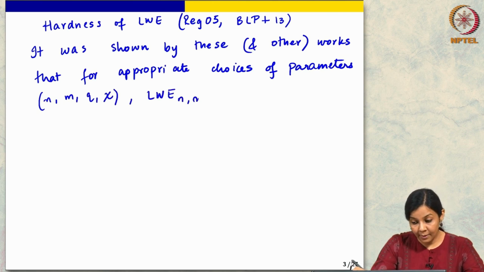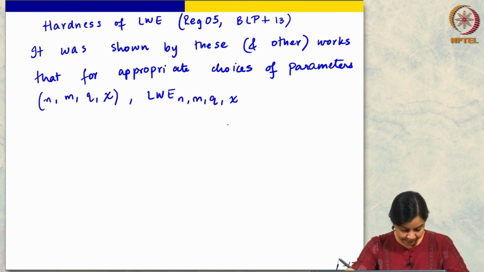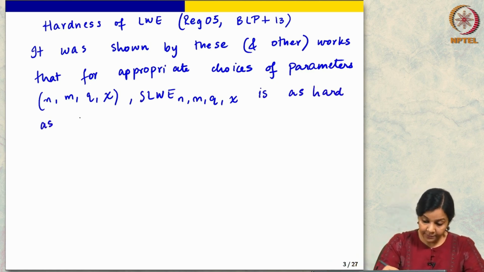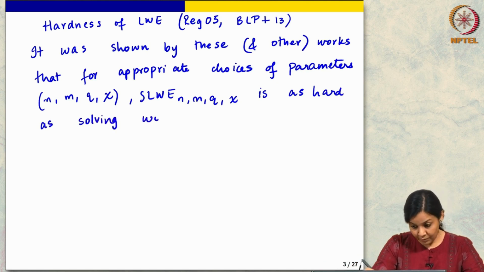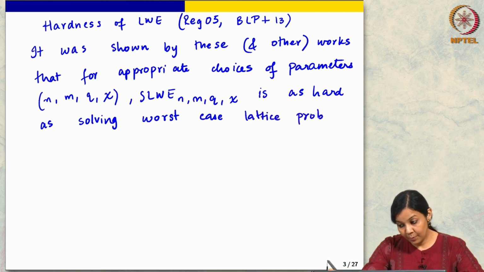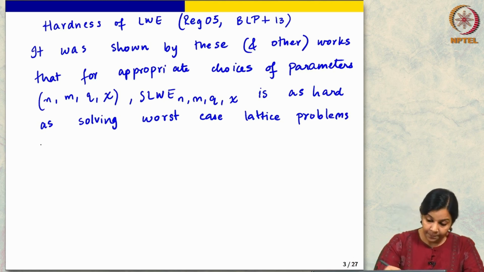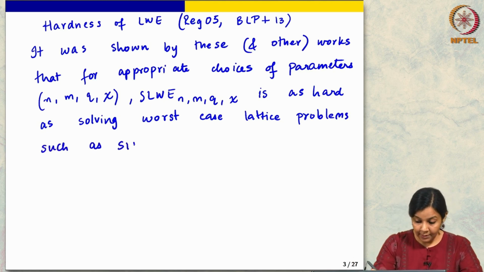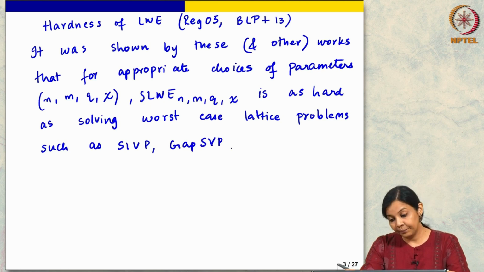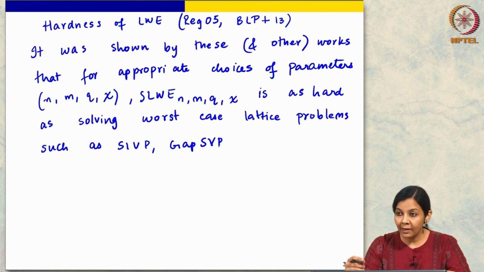LWE, n, m, q, chi is, I should say search LWE, is as hard as solving worst case lattice problems such as SIVP or something known as gap SVP, which is a problem related to SVP, but with an additional promise that makes it easier.